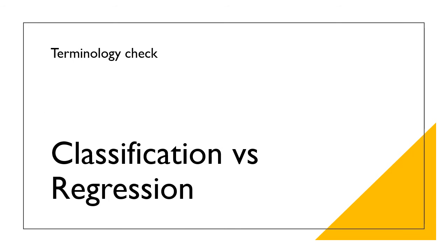At this point, let's make sure we understand the difference between classification and regression. Classification is the task of predicting a discrete class label. Regression is the task of predicting a continuous quantity. In some cases, it is possible to convert a regression problem to a classification problem.